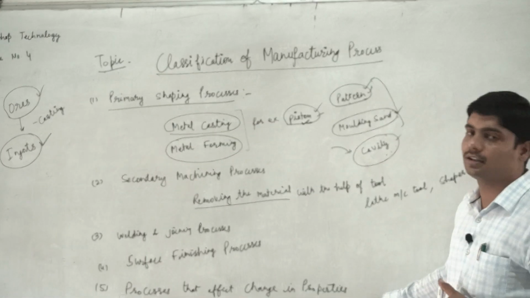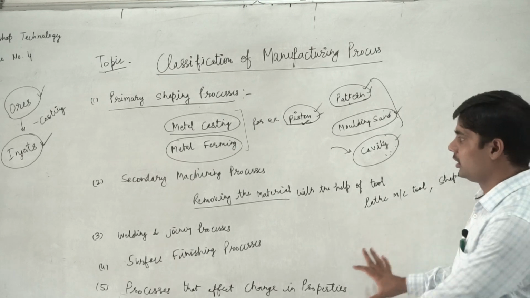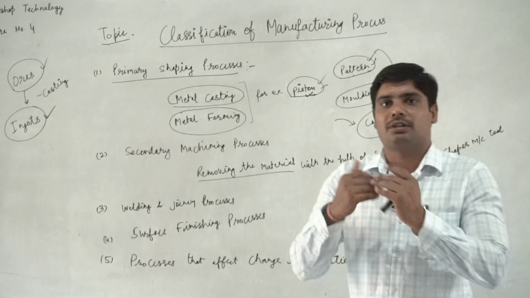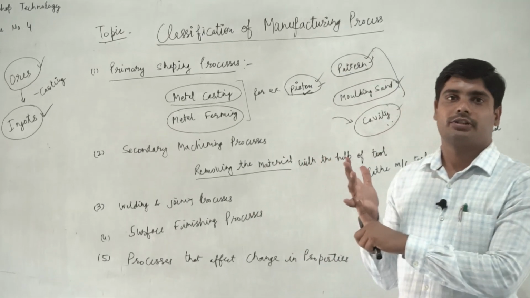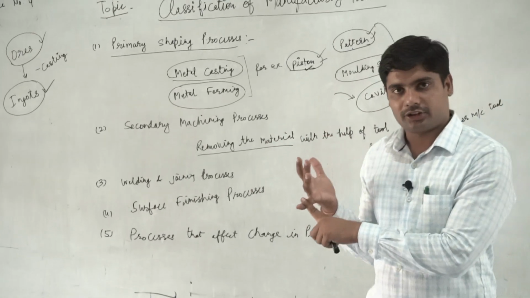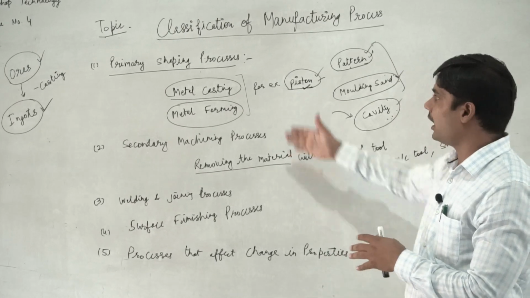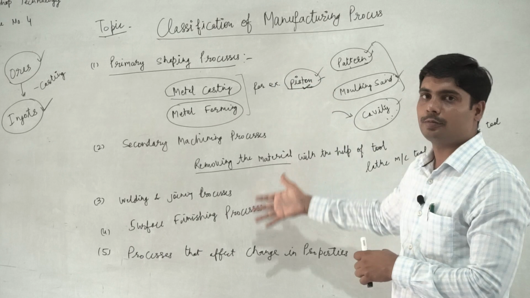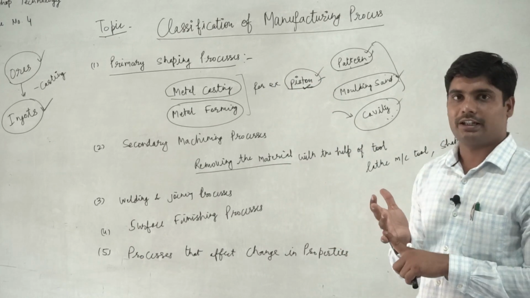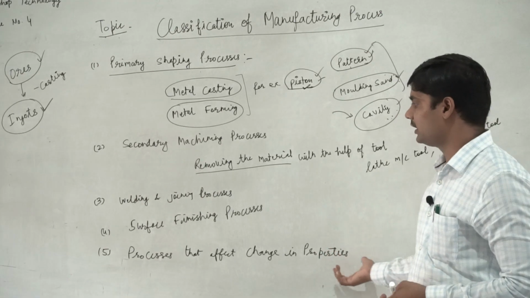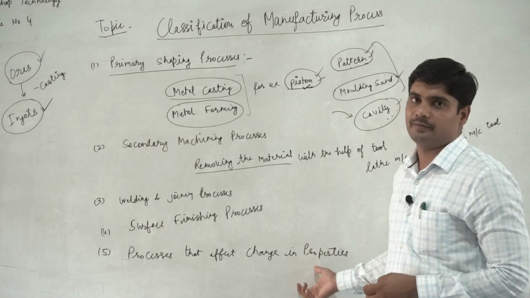Process that affects the change in properties means we are looking for some particular properties, means it must have this strength, it must have this hardness, means the number is defined, but what we have obtained from the above processes is lacking in the property, that is something lower than what was expected.